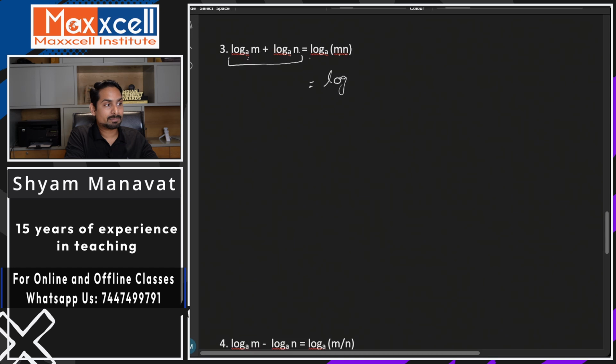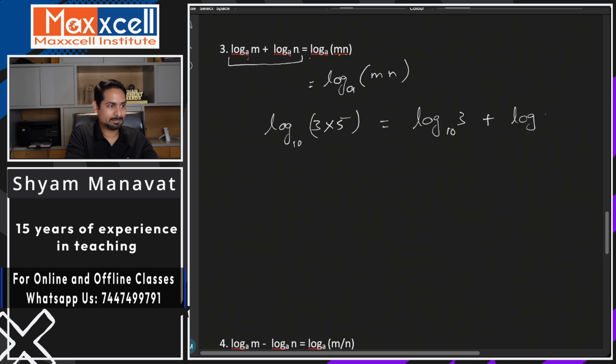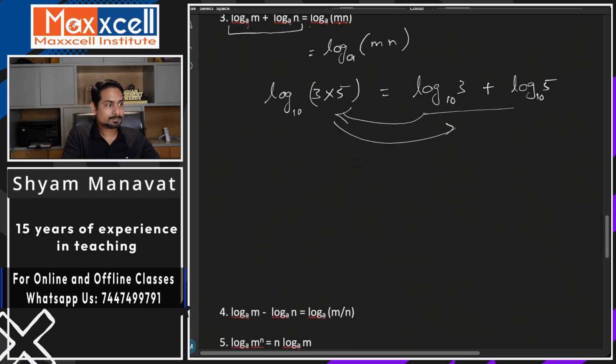If it is plus, the values are multiplied, or the other way around. For example, log of 3 into 5 base 10 can be written as log of 3 base 10 plus log of 5 base 10. Clear? The vice versa is also correct.